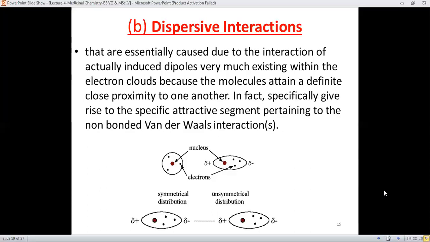It means that for dispersive interactions there must be induced dipoles, meaning dipoles are induced or produced in the molecule due to the presence of some electronic cloud in close proximity to the unsymmetrical molecule, and therefore the dispersive interaction will take place.